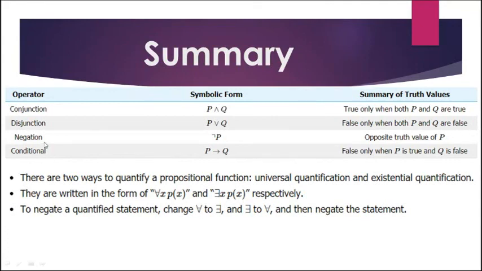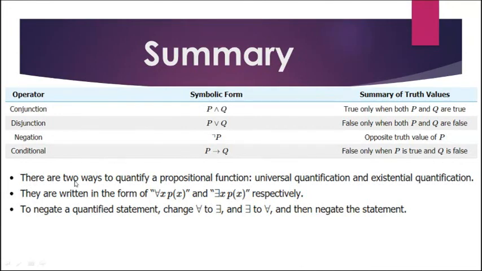Next, we have your negation. This is the symbol. Opposite truth value of P. Then last, we have the conditional, the if-then statement. P implies Q, false only when P is true and Q is false.